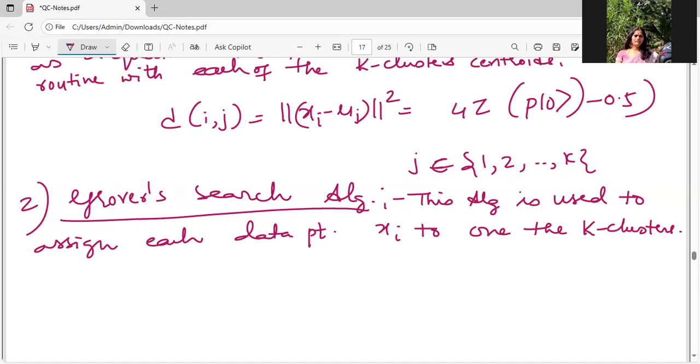Now, the job for Grover's search algorithm is it should be able to take the distance Dij and assign the correct cluster Ci. What is the job of Grover's search?